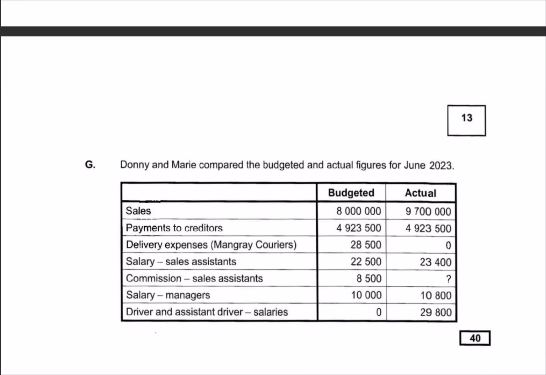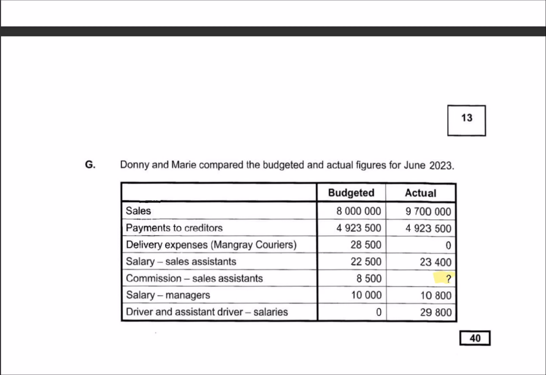Sales, budgeted and actual. Then payment to creditors, then delivery expenses. Then salaries, sales and assistants, budgeted and actual. Then commission, then sales. You've got 8,500 in question mark.